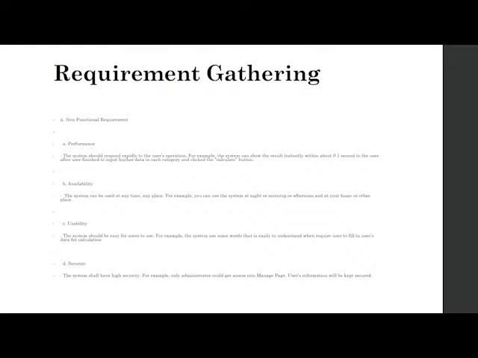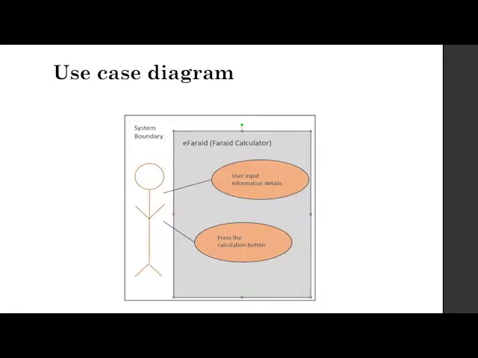kept secure. So, for the next slide, I would like to present about use case diagrams. As you can see on the left, we have our system boundaries. So whenever the user wants to access our eFaraid, which is basically a Faraid calculator, it will do two steps.